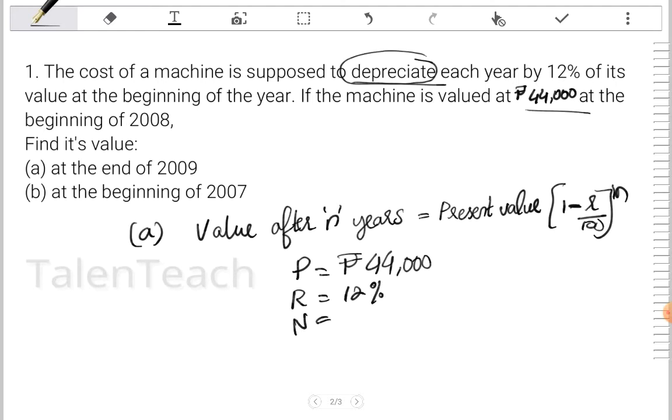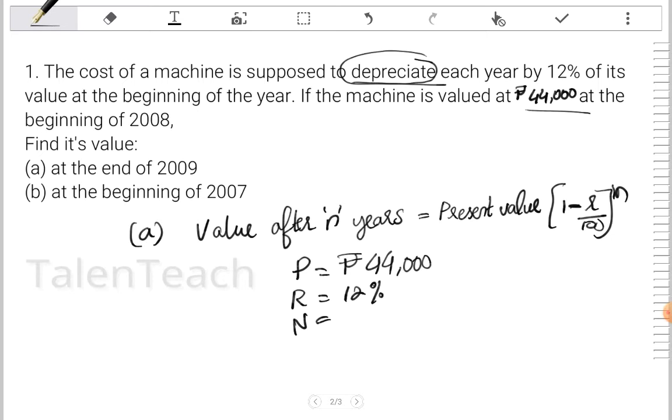So the present value is at the beginning of 2008 and we have to find the value at the end of 2009. Okay, so first when we see 2008 and 2009, we might probably think the number of years is 1. But it is wrong. Because the present value is at the beginning of 2008, and we should find the value at the end of 2009.